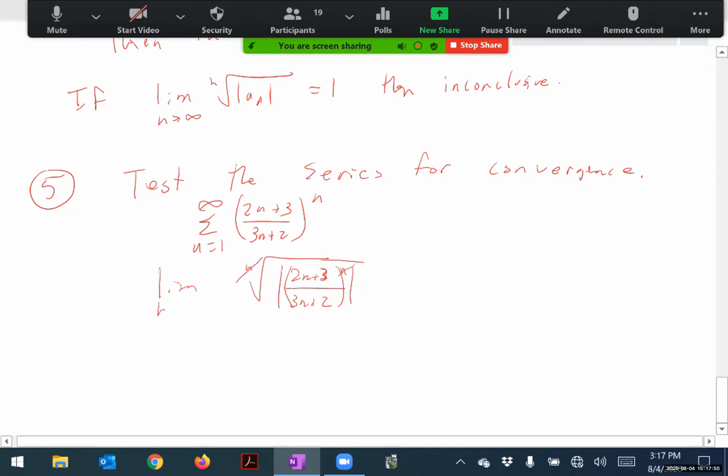The limit as n goes to infinity is equal to the limit as n goes to infinity of the absolute value of the top and the bottom. I don't really have to worry about that too much because everything's positive there. If n is greater than or equal to 1, then everything's positive, right?